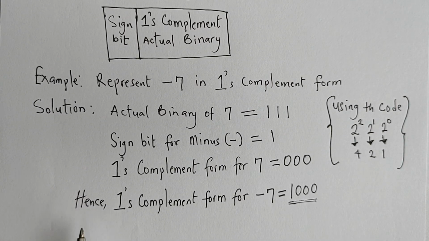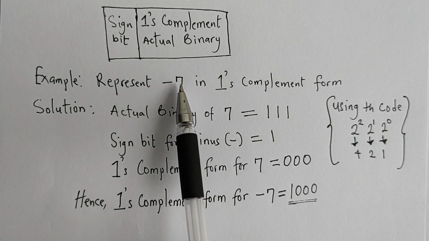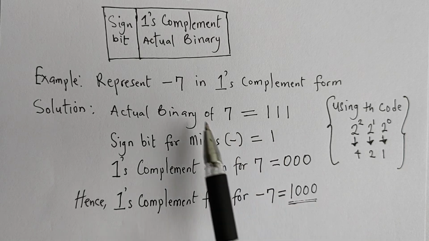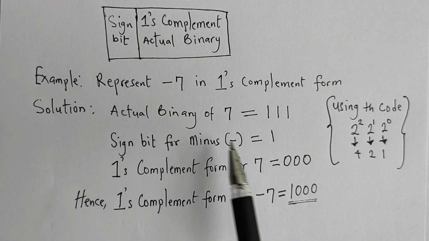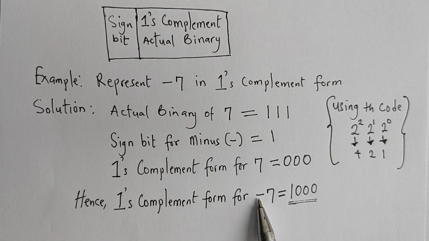Hence the 1's complement form of -7 is going to be 1, 0, 0, 0. Now you're wondering, how do we get the 1? It's nothing but the sign. Remember, the question says -7. So it means that we need to assign the bit for the sign. The sign, which is minus, takes the bit 1. So minus is being represented as 1.